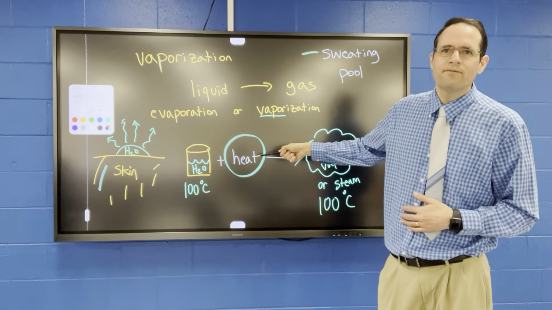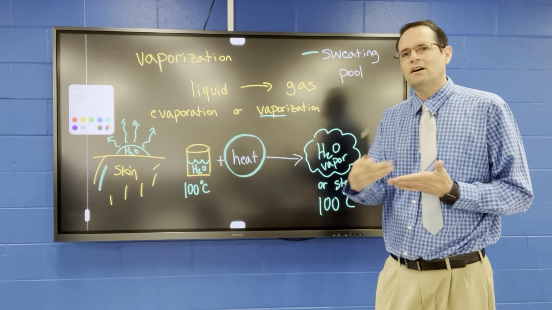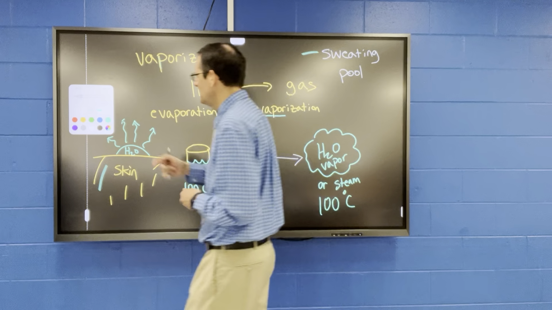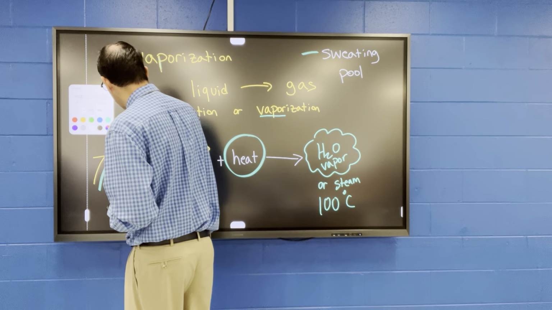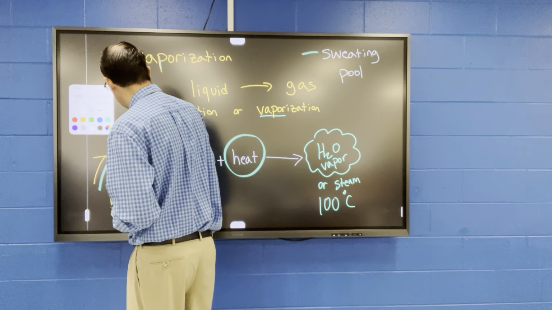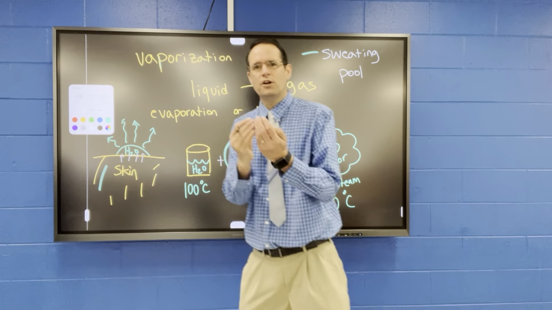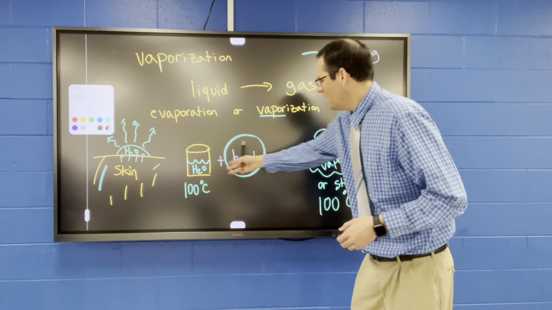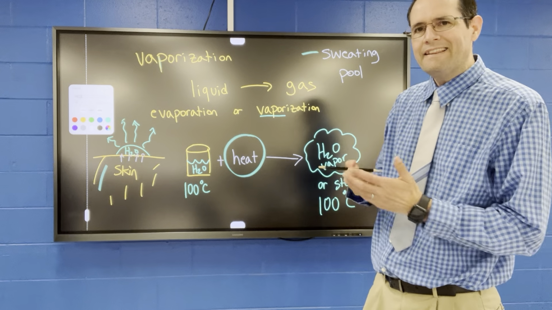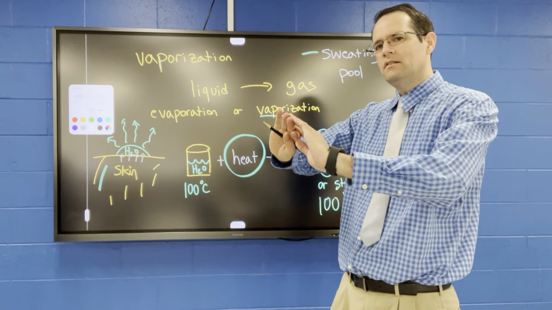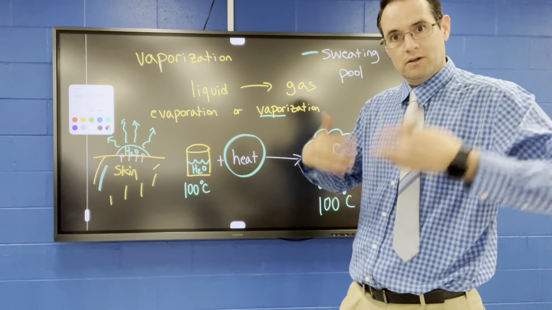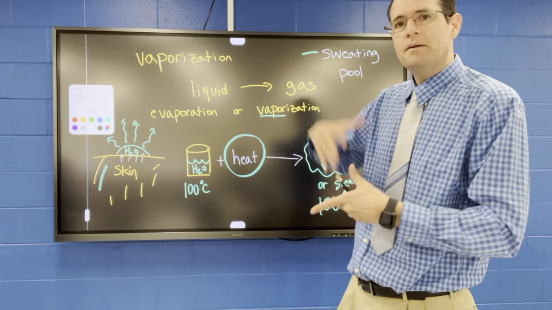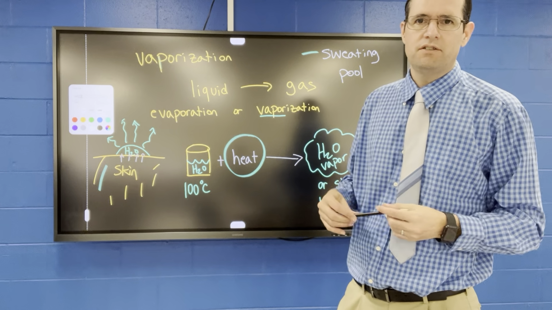Where does this heat come from? It comes from the environment, whatever's touching it. It's touching the skin, so heat is going to flow into the water. Heat is going to flow out of the skin into the water to cause that water to vaporize, so that the water can get more kinetic energy to escape the water droplet and change into steam.